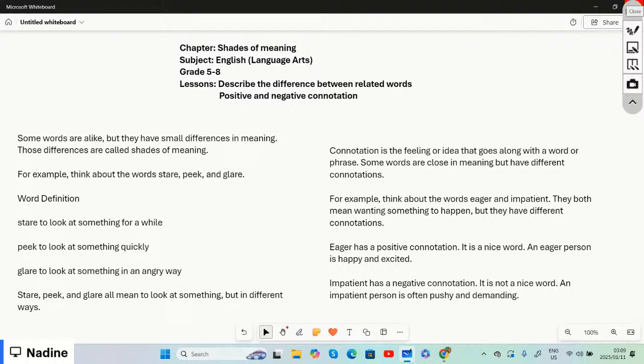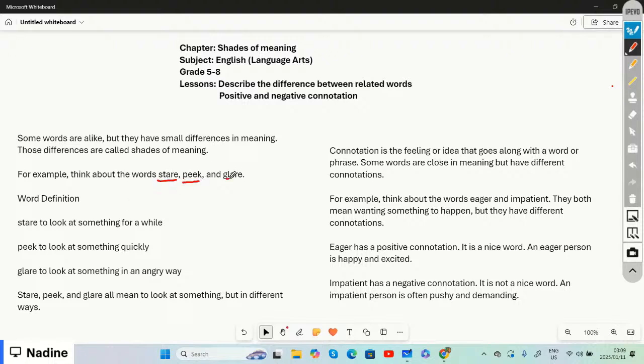And if we look at a few examples of shades of meaning, we have words like to stare, to peek, and to glare.